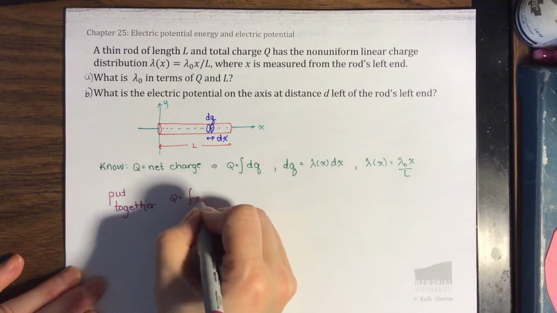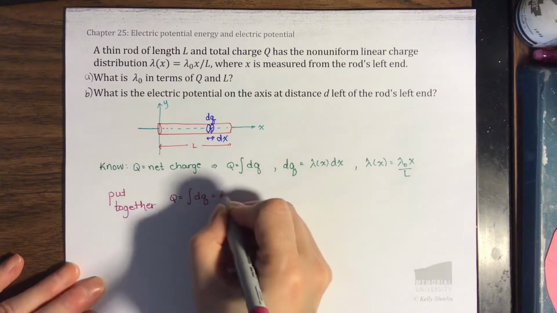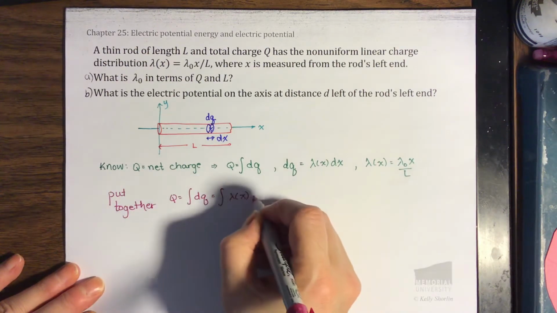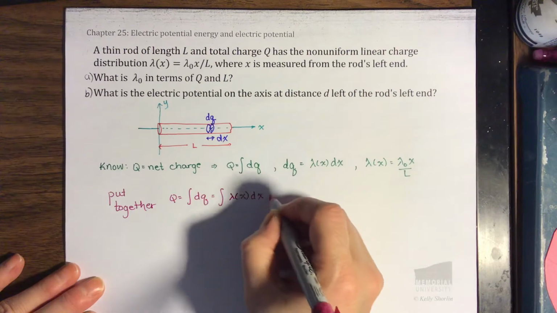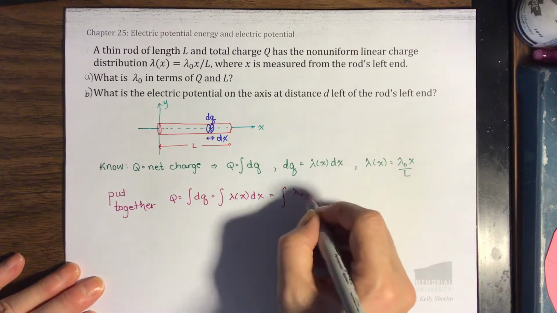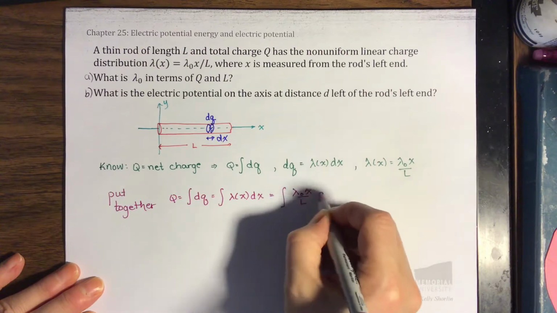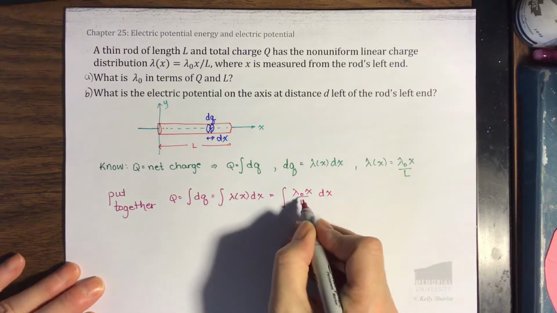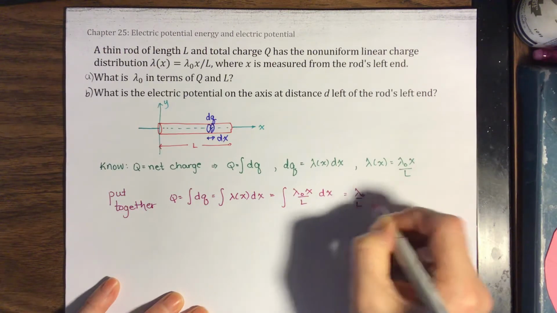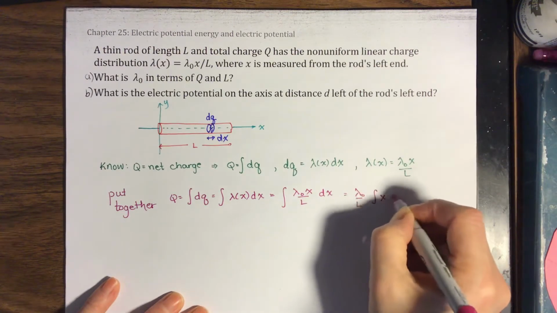Q is the integral of dq, which is the integral of lambda, the density as a function of the position, times dx. And our lambda is the constant times x over L times dx. We can haul our constants out front of the integral, lambda naught over L, integral x dx.